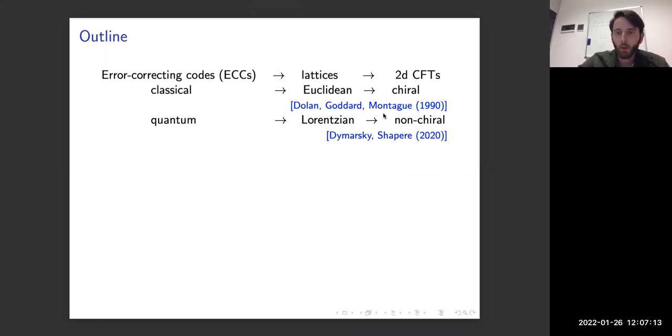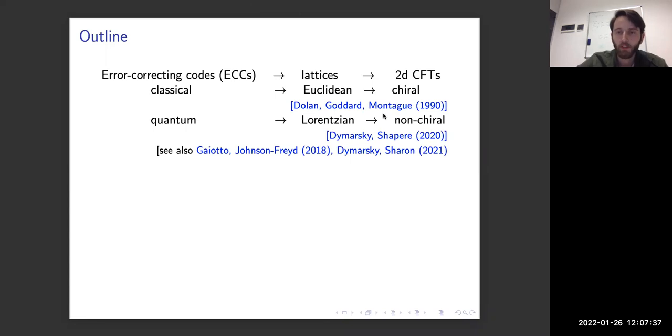In a paper in 2020, Demarsky and Shapira showed how you can extend this construction of Euclidean lattices of chiral CFTs from classical codes to include quantum codes, which define Lorentzian lattices, and therefore non-chiral or full CFTs.